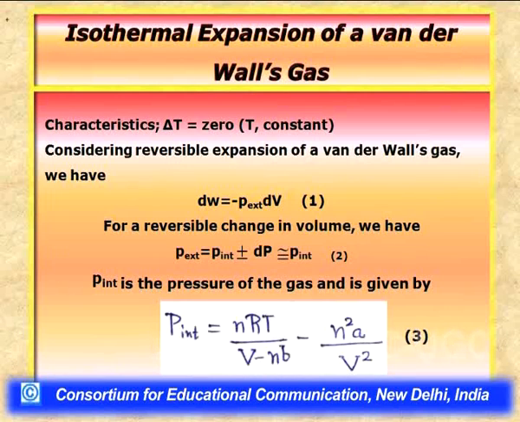Moreover, we modeled ideal gases as gases in which there is no force of interaction between the constituent chemical species. These were the two main considerations while modeling ideal gases.